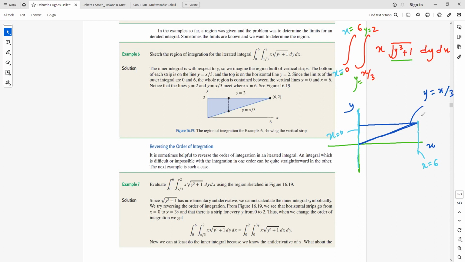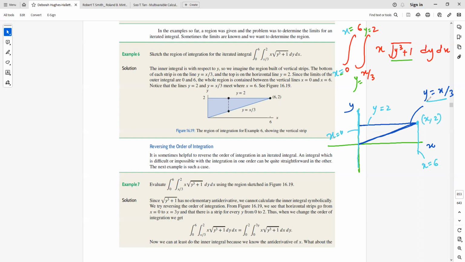And how do I know that this line will intersect at this point? I can just find this point, because this curve is y equals x over 3, and this line is y equals 2, which means that this point is x comma 2, right?